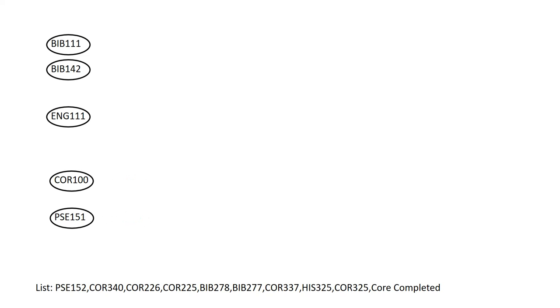And now I have a bunch of things left, none of which have prerequisites, so I could pick them in any order, but I'll just go top to bottom again and grab Old Testament and New Testament and English composition and Christian mind and P151. And so there's our final list. And this list is in an order that will work. You won't try to take anything before you're allowed to. But of course, as we noted, there are a number of orders that we could have taken these off in.